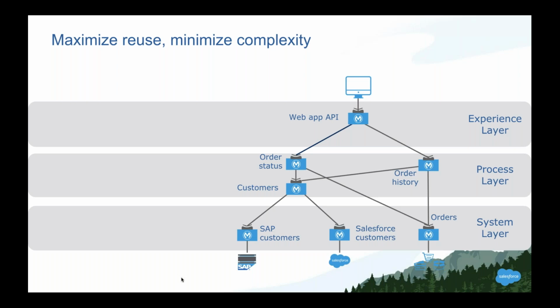And even more importantly, these higher level objects are now useful assets that can be further reused. So they should also be APIs themselves, right? So in this example, if our web app API wants to get order history data, it is talking to the process layer API, to the order history API, right? While in the past, you likely would have made like 5 different API calls to Salesforce, to the e-commerce system, and maybe also the customer database, right?